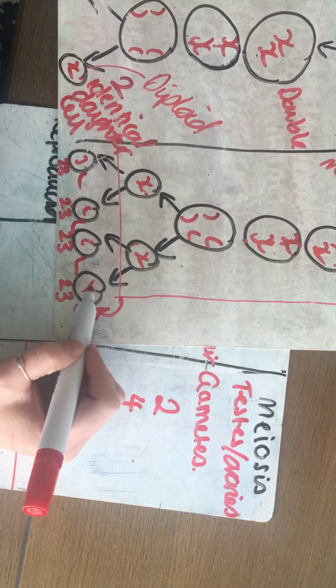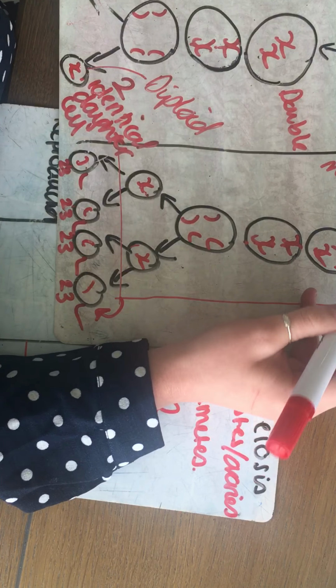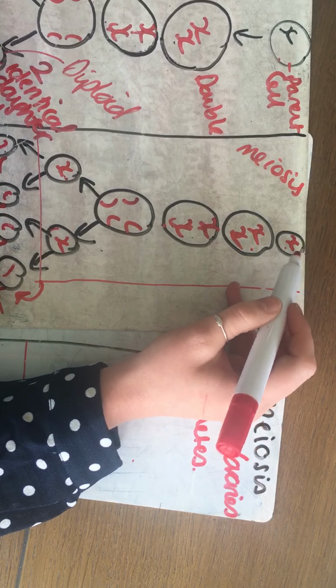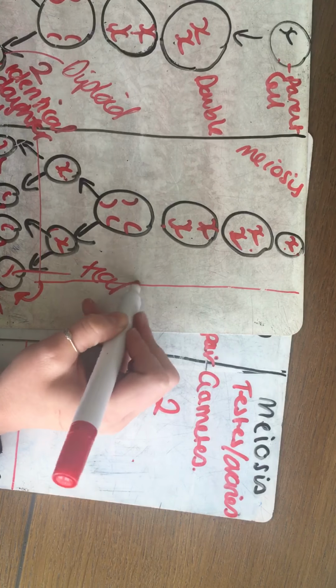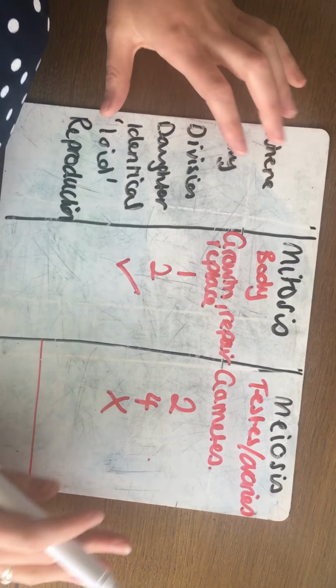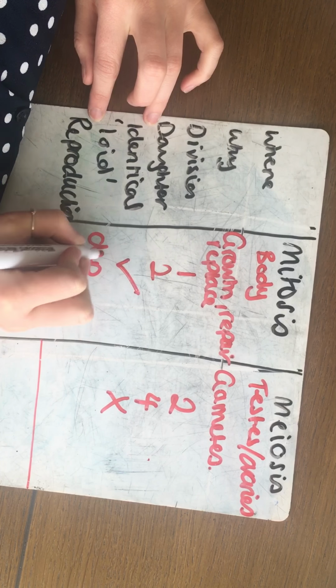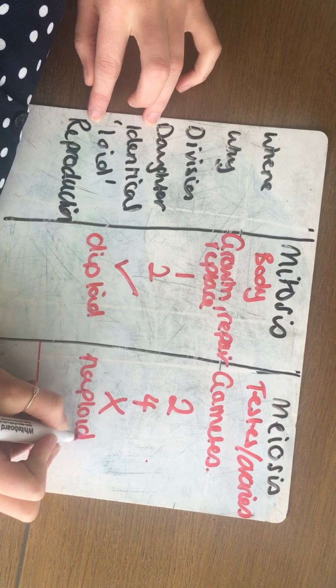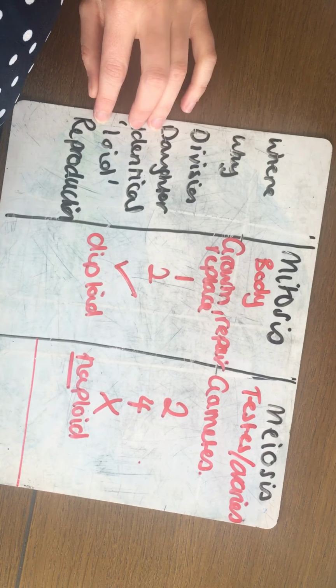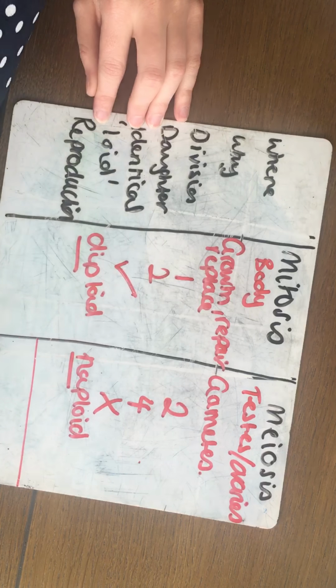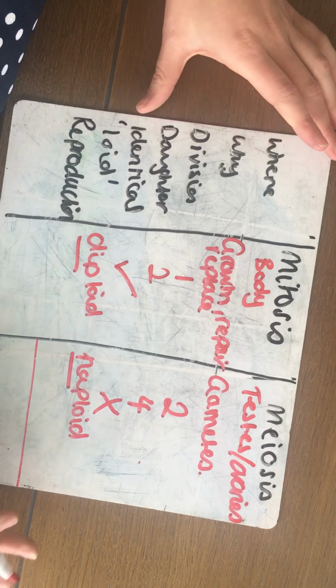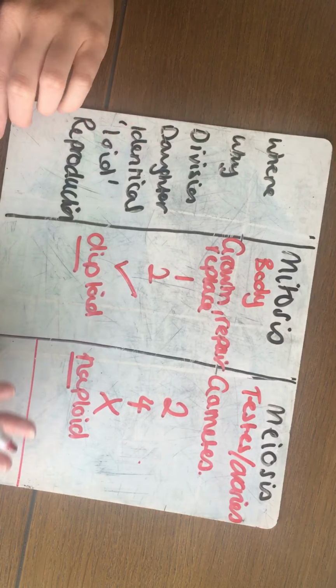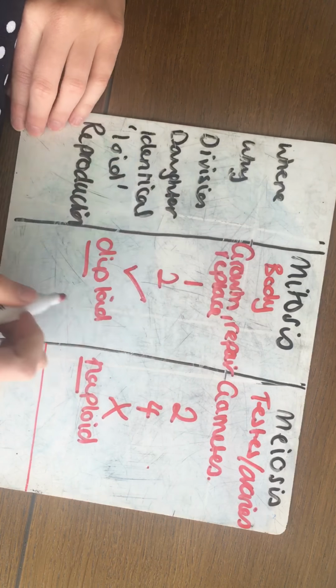But with meiosis, this has half the number of chromosomes that the parent cell had, so we would call that haploid, half. So here I'm going to write diploid and haploid. This has got half the number of chromosomes that the parent cell has, and these have got the full number of chromosomes.